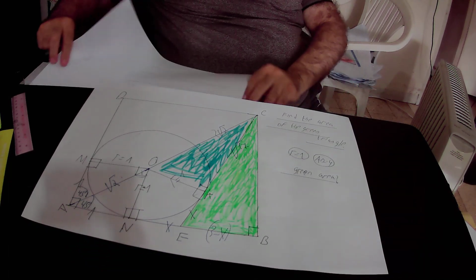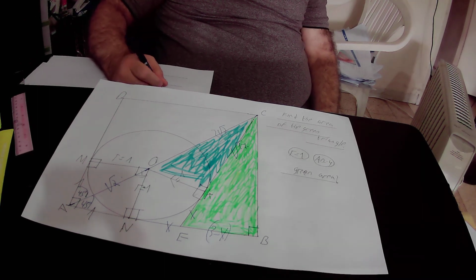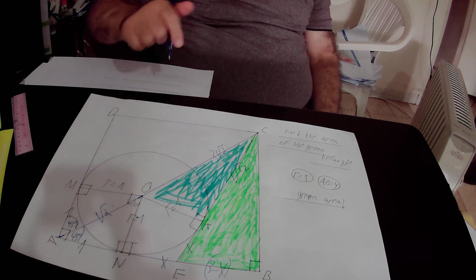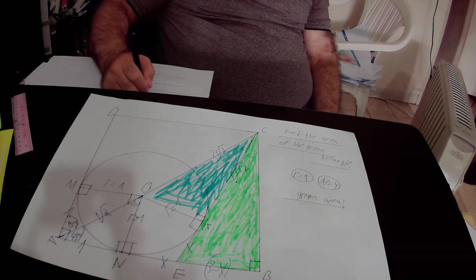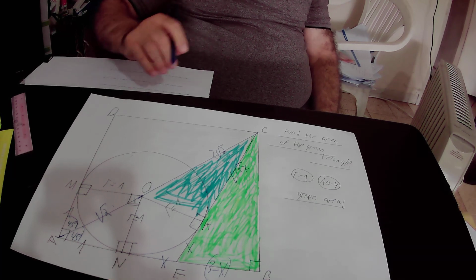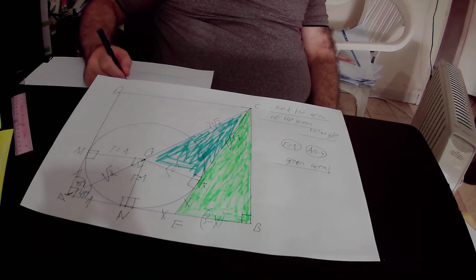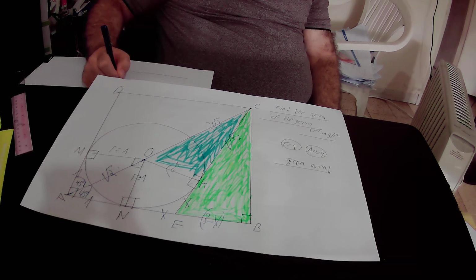But we know that CE equals square root of 17 plus X. Therefore, CE square will be equal to square root of 17 plus X, squared, and it equals EB square. EB equals 3 minus X, so EB square will be equal to 3 minus X squared, plus BC square.